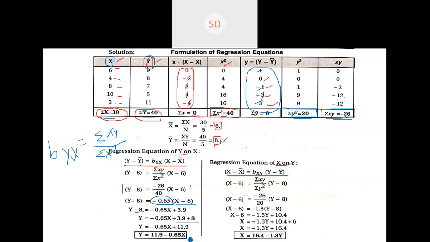In this problem, they have only asked us to find the regression equations and not solve anything. So we have found the first equation, that is the regression equation of y on x. Any doubts in the first calculation? Everybody understood?